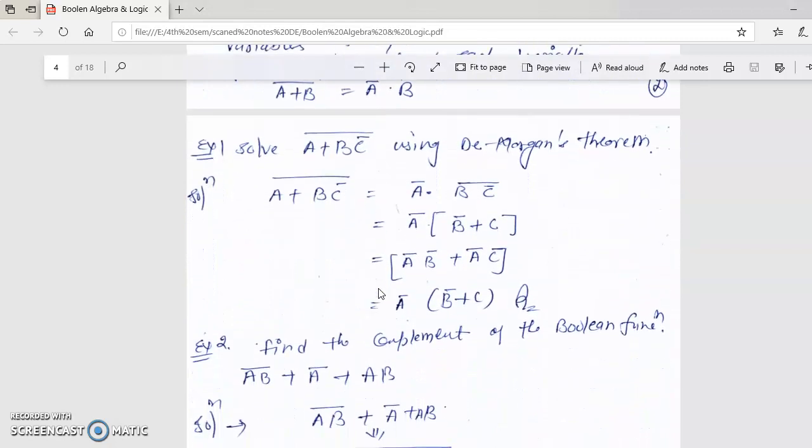We have one example: solve a plus b c bar का whole bar using the De Morgan theorem. De Morgan theorem की help से solve a plus b c bar का whole bar.